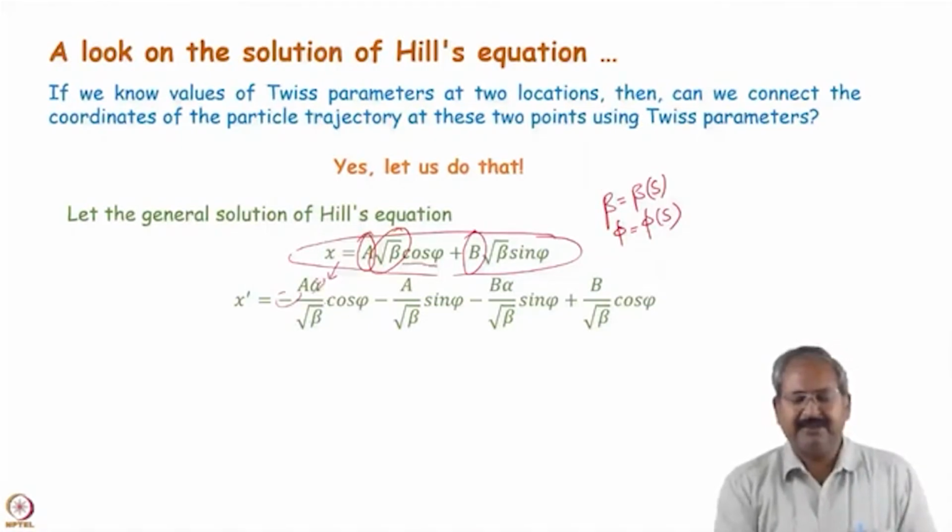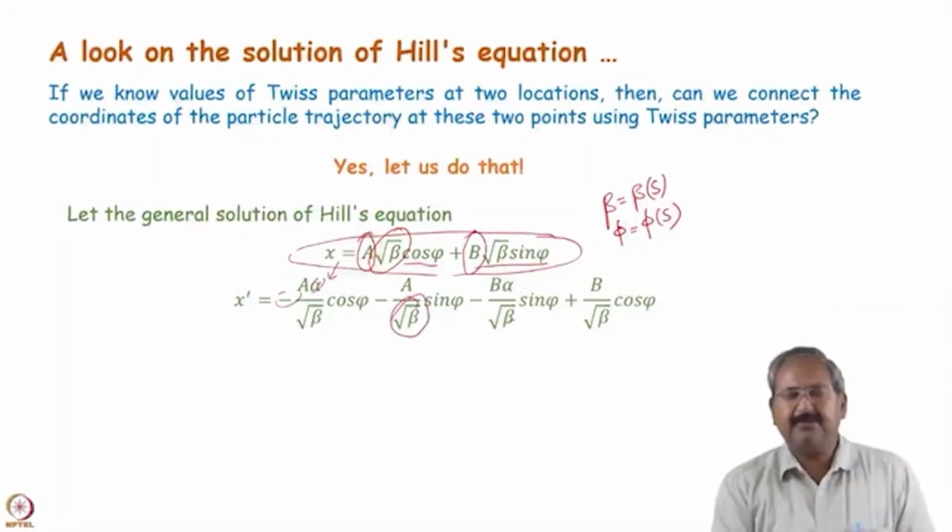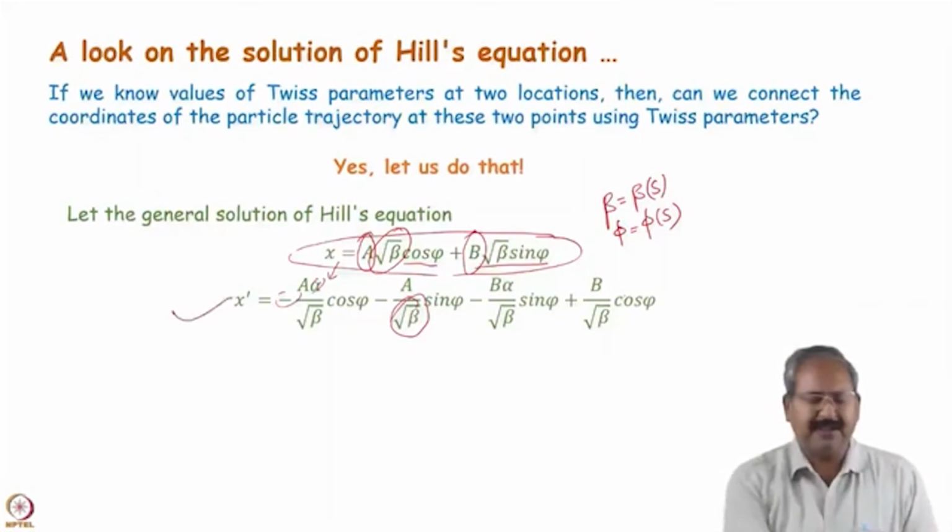Then we differentiate phi, so we get minus a upon root beta sin phi d phi by ds, and d phi by ds is 1 by beta, so root beta and 1 by beta will give you 1 upon root beta. Similarly, we differentiate this term, so we get alpha upon root beta sin phi and b upon root beta cos phi. So this gives you the x prime.